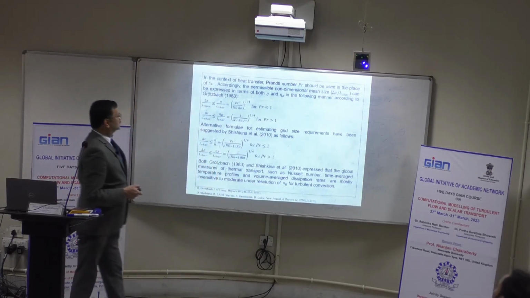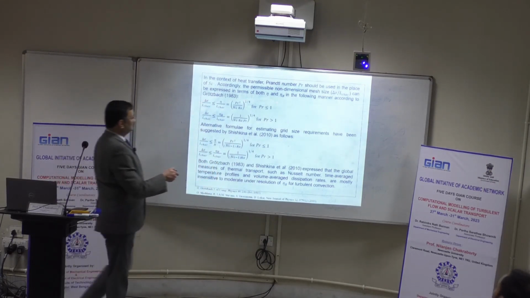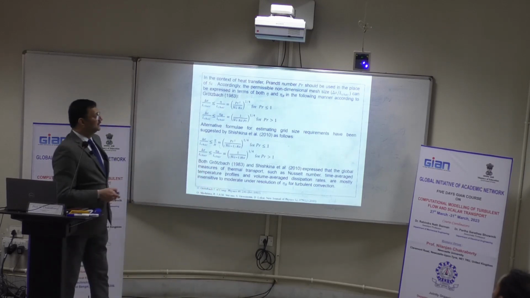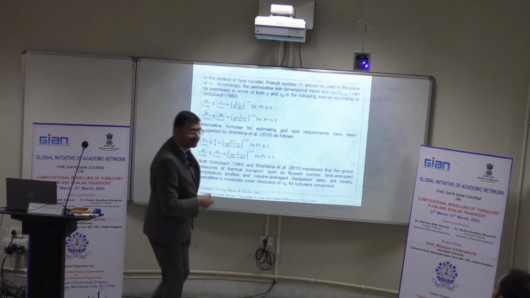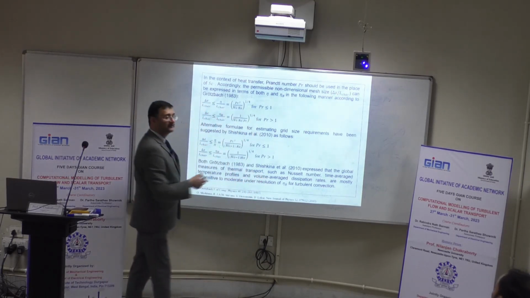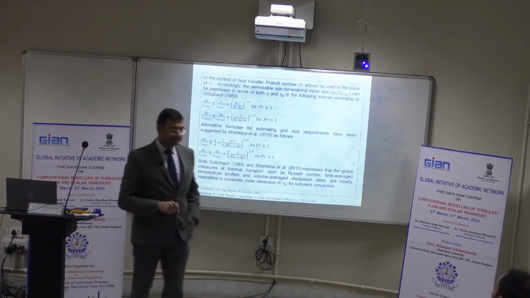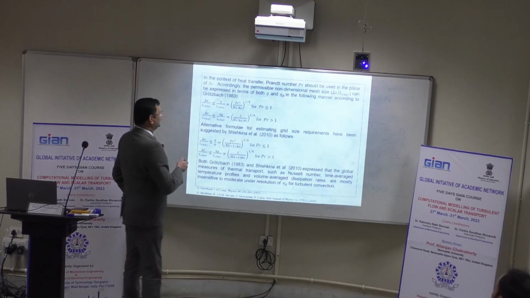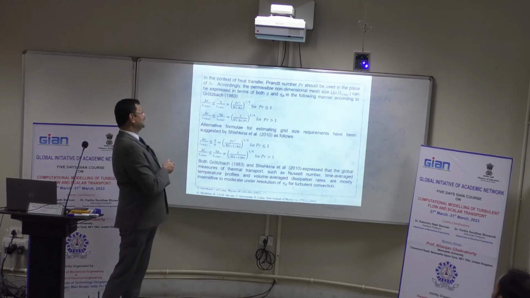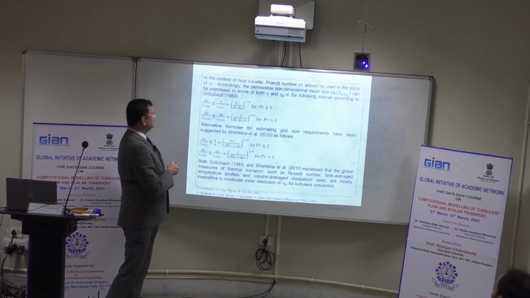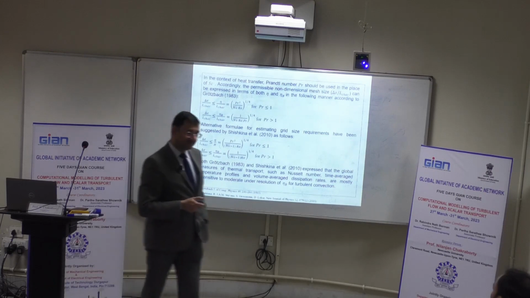So, these are some ways of expressing the non-dimensional mesh size. Delta X is the mesh, L is a characteristic length scale. In order to actually have DNS, your delta X has to be smaller than the Kolmogorov length scale.